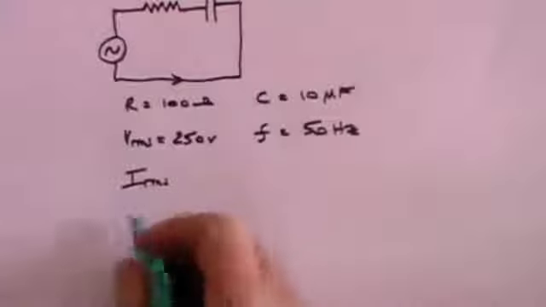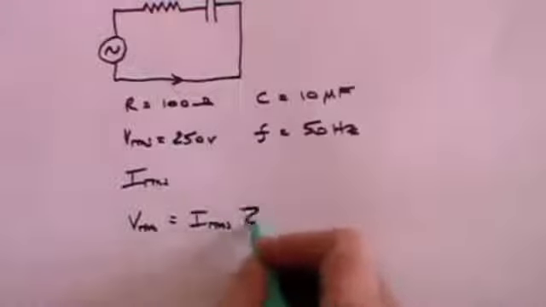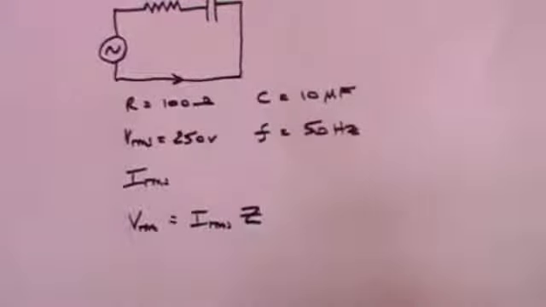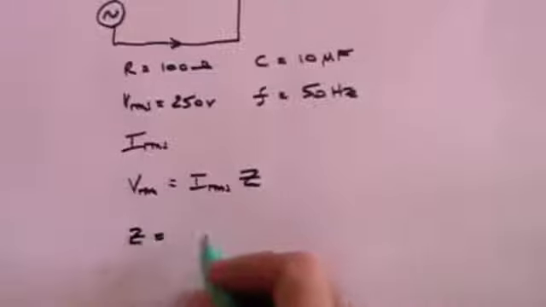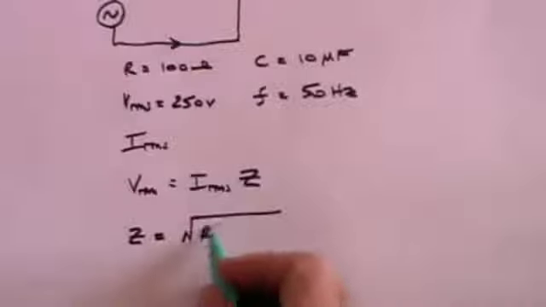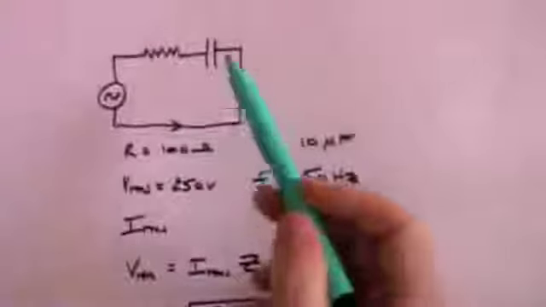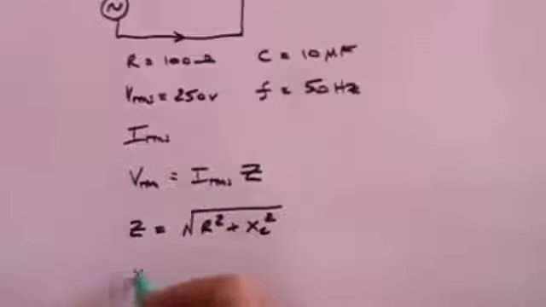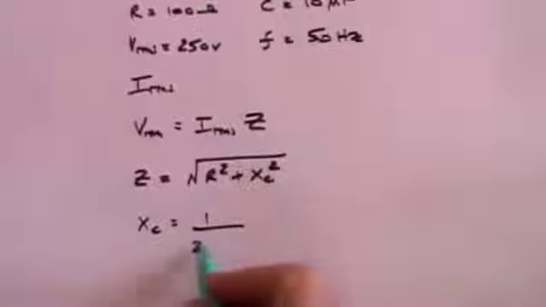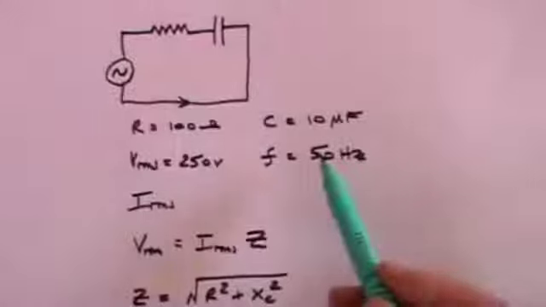Well, we remind ourselves that VRMS is equal to IRMS times Z. That is essentially the Ohm's law for impedance. We also know that the impedance has a value of the square root of R squared plus the reactance squared. Reactance, of course, is the capacitor in this case, and we know that XC is 1 over 2 pi f times C. We know f, that's 50 hertz.